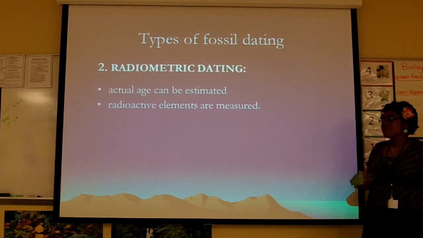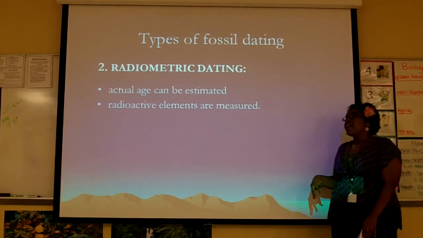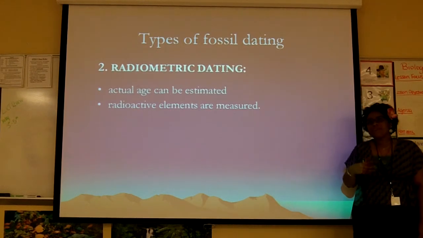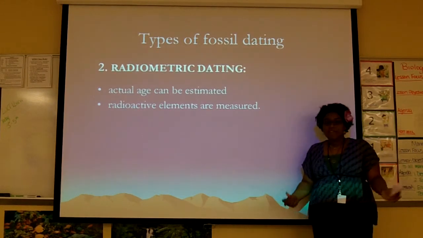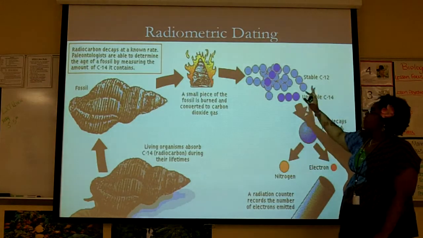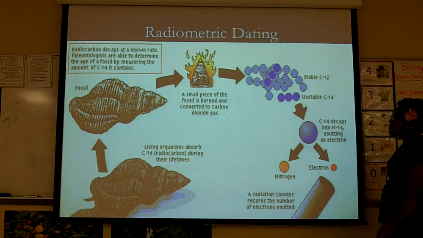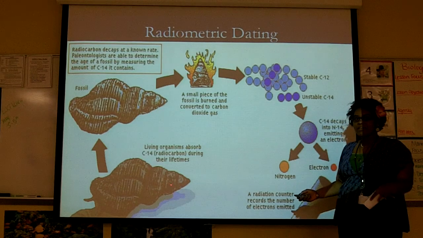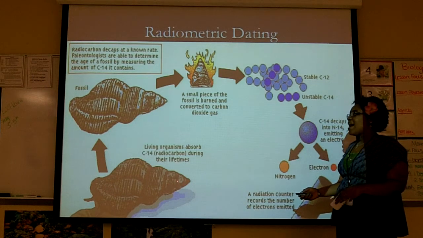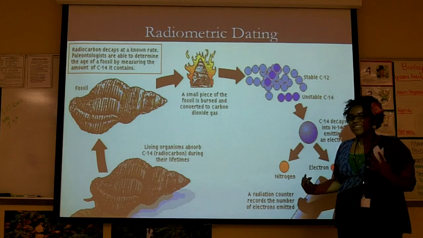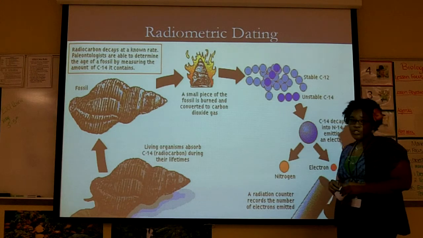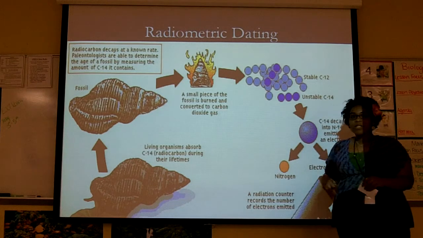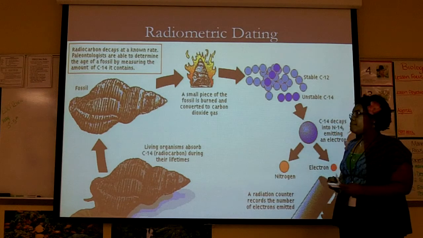The second one we have is radiometric dating, and the actual age can be determined because we use certain radioactive elements. Half-lives. For example, I'll give you this radiometric dating of a fossil, where, remember, at the beginning of the school year, we talked in our biochemistry unit about how C14 is a radioactive isotope of carbon that we use to date things, because all living organisms absorb C14.